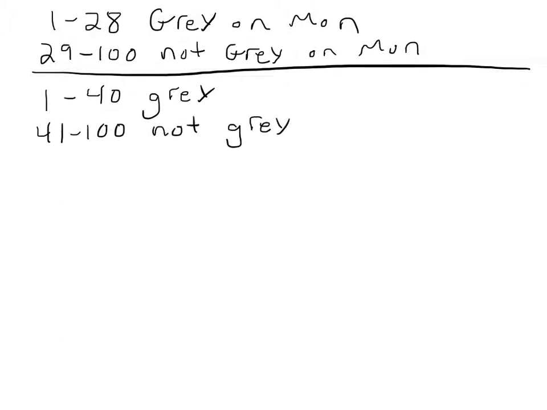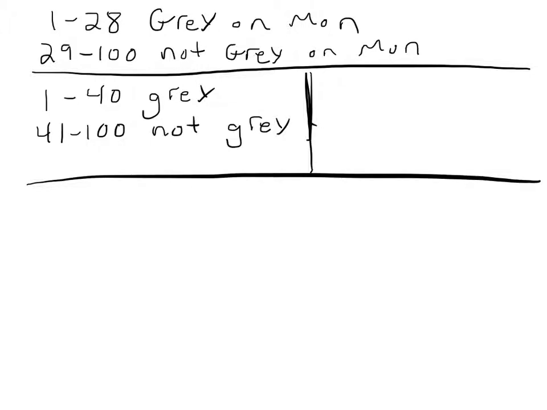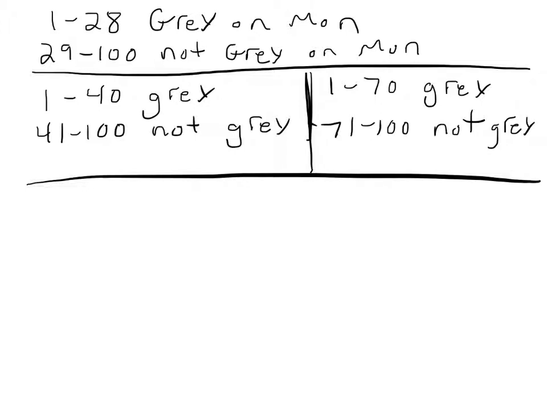That's only the scenario if I wore a gray suit on Monday. Now, if I didn't wear a gray suit on Monday, then for all the rest of the days, 1 to 70 is going to represent gray, and 71 to 100 is going to represent not gray. So that's if I did not wear a gray suit on Monday.